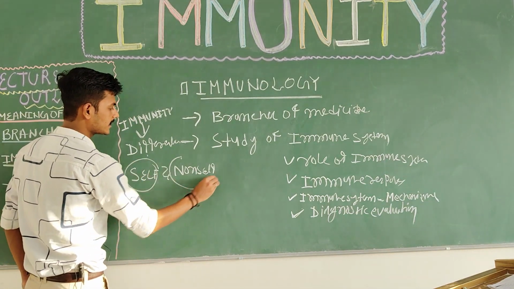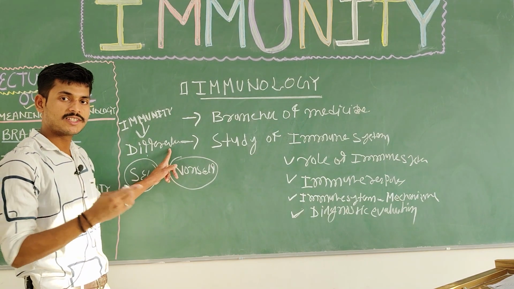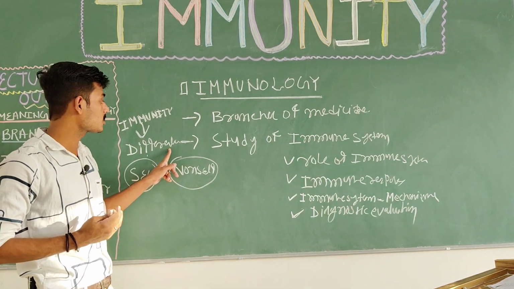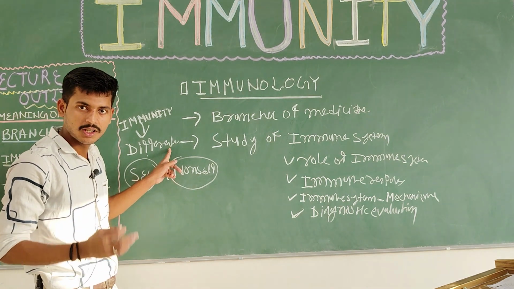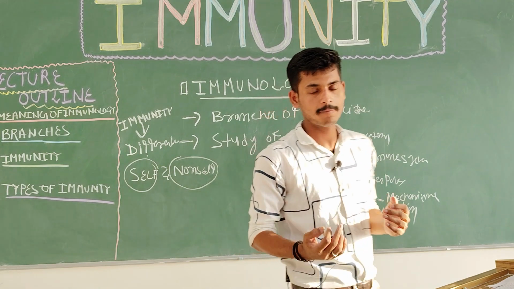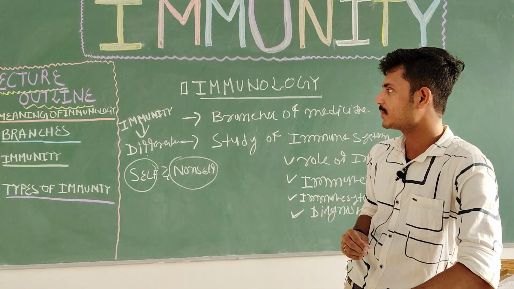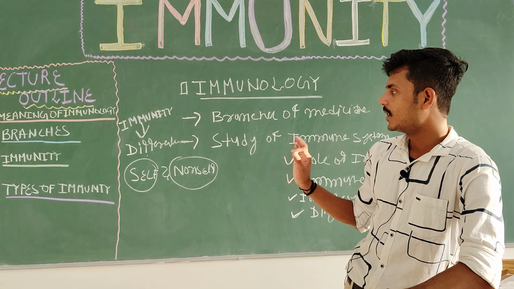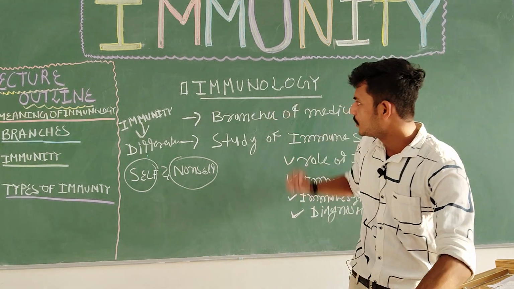Got the point? Self and non-self means the immune system knows which is the host's own cell or product, and which is not a host's own cell. So one function of immunity is to distinguish between self and non-self.